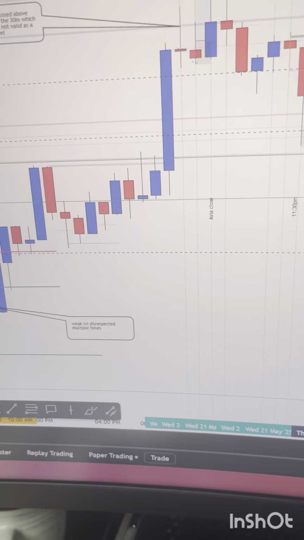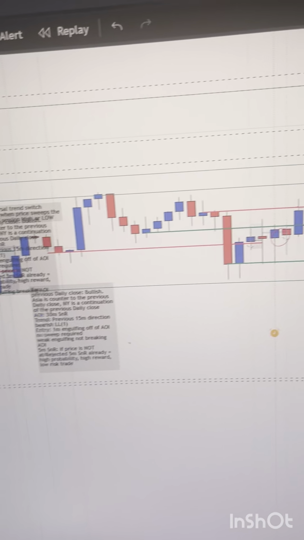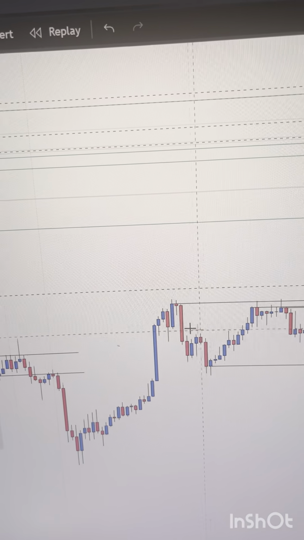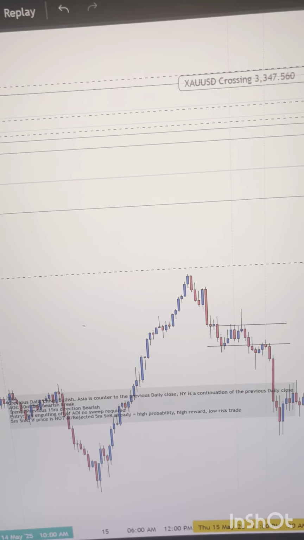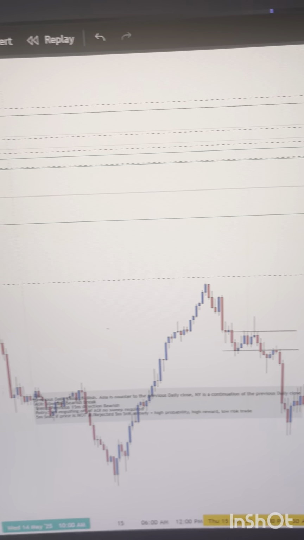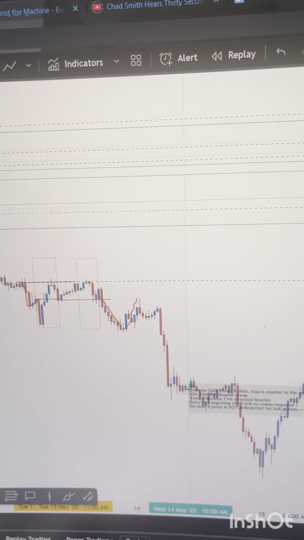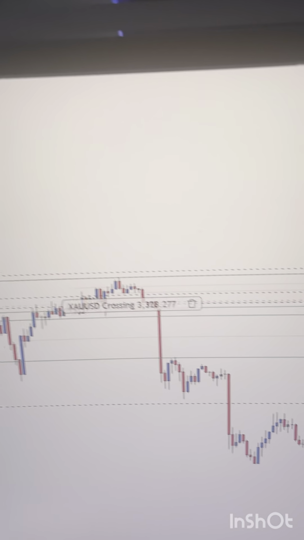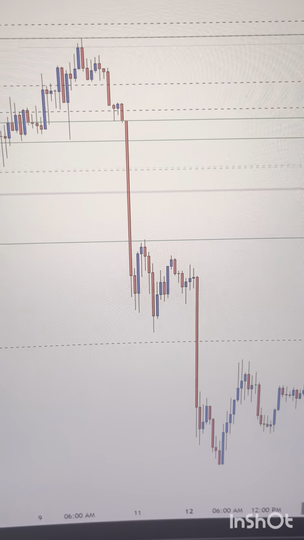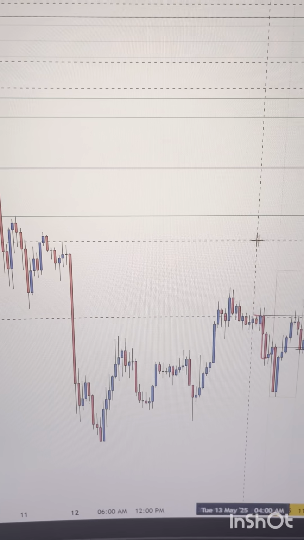Okay, just this trade that I'm in. So basically, if we look all the way back over here, we are right here. So around here, where is it?